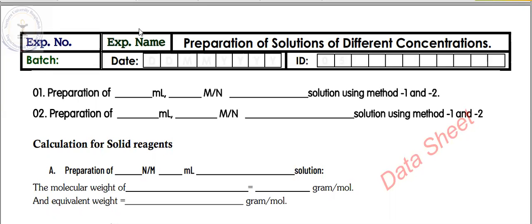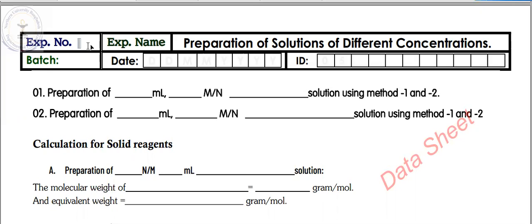In the data sheet, at the top left corner, there is a portion. You can write here your experiment name, experiment number, and your batch. This is not batch, this is basically your section. The experiment number will be indicated in your laboratory handbook or laboratory notebook.